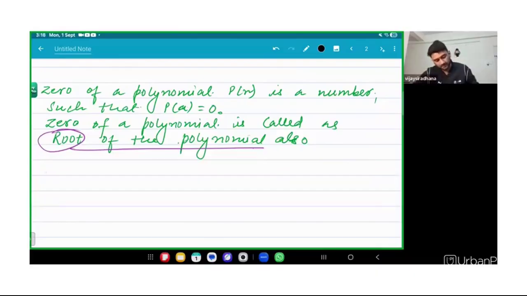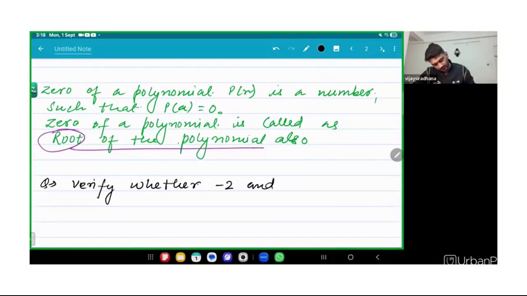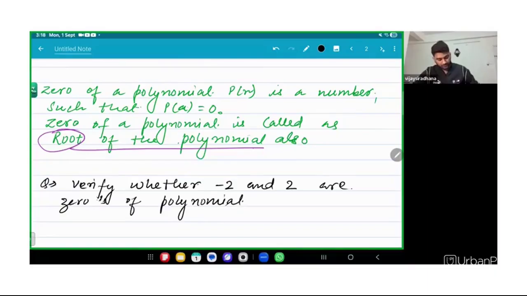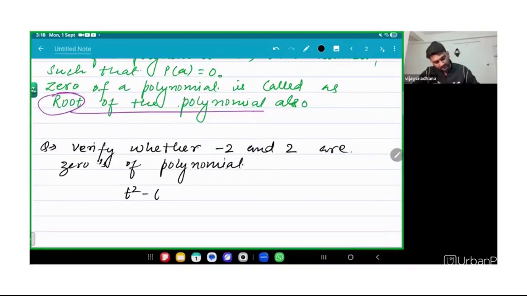Now student, for example, there is a question: verify whether -2 and 2 are zeros of the polynomial t square minus t minus 6.